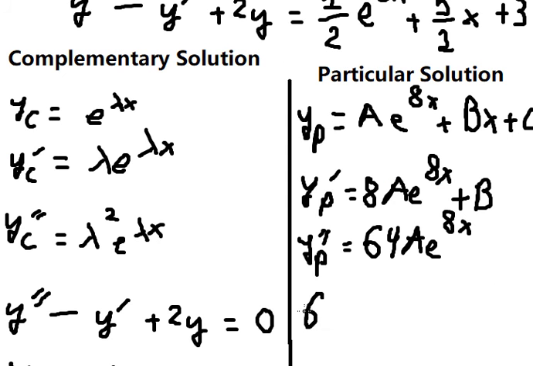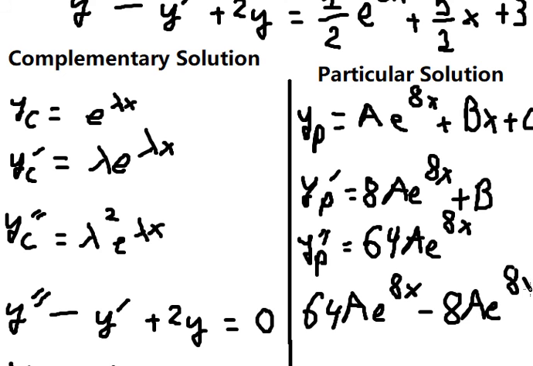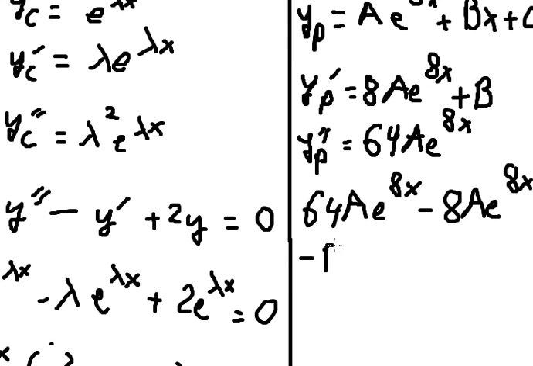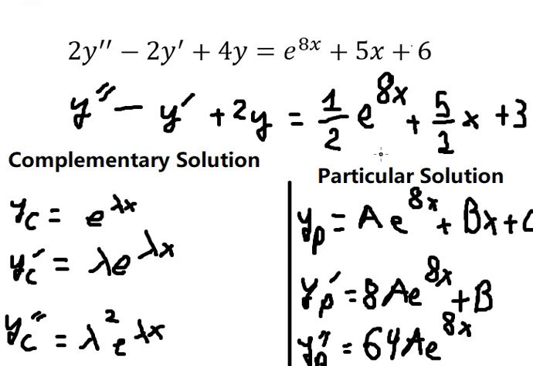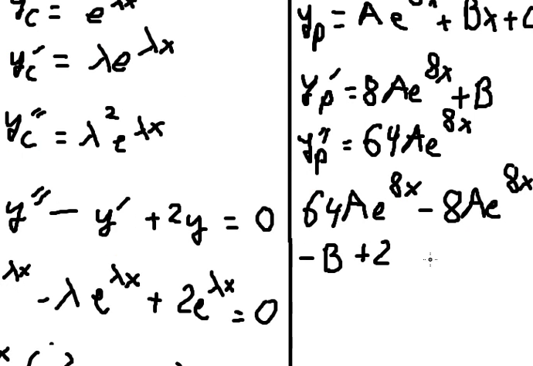So we have A a squared e to the power of ax minus Aa e to the power of ax minus B, and we have plus number 2 multiplied by this one in here, so we have 2A e to the power of ax plus 2Bx plus 2C.